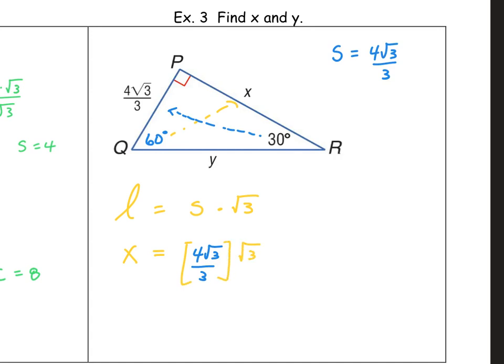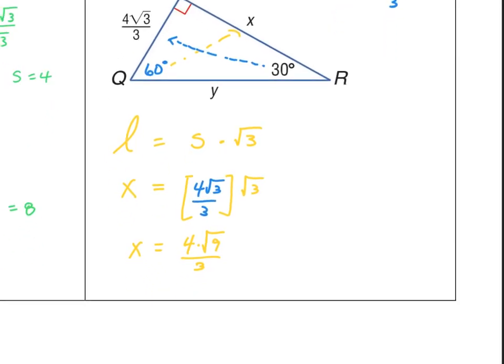So when I do that, I'm going to end up with x is equal to 4 times the square root of 9 divided by 3. And we know that that's just x equals 4 times 3 over 3. And simply the 3's become 1. Multiplying by 3, then I divide by 3. So x equals 4.